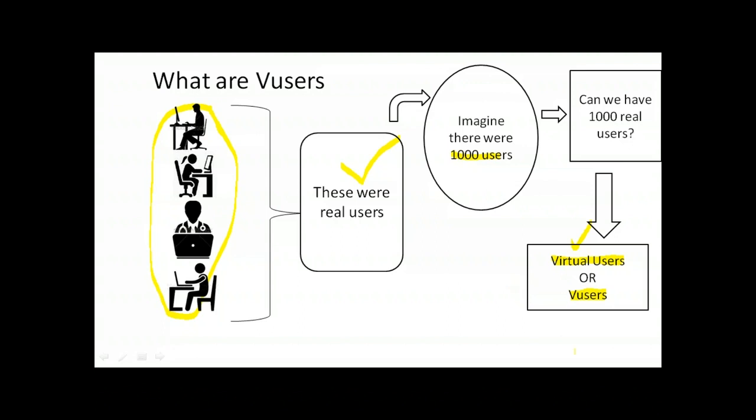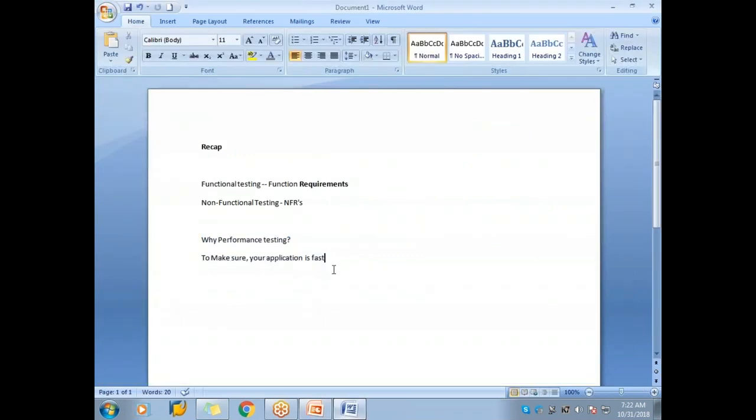As the name suggests, these are virtual, which means that they are not real. So typically these tools, any performance testing tool, going forward I'll use the term PT. The software guys in general have this habit of abbreviating every single thing.